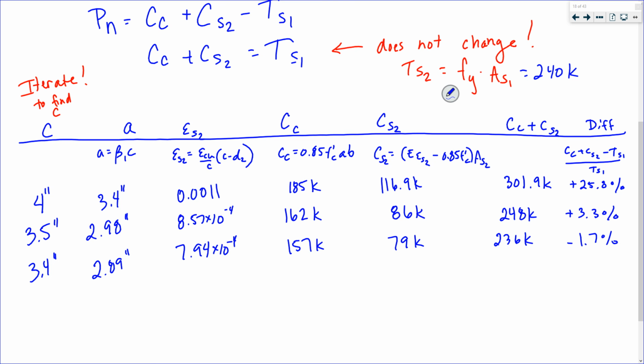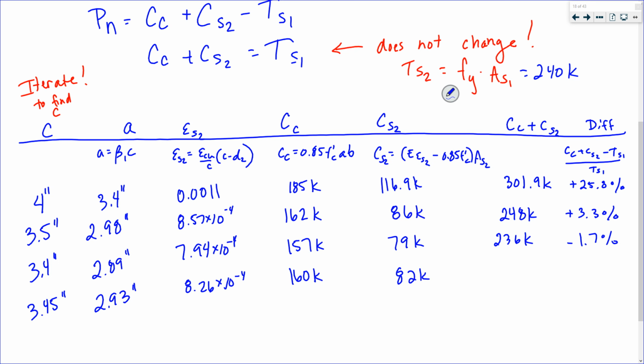Okay, so what if I choose in the middle? I should get an A of about 2.93, a strain of 8.26 times 10 to the minus 4th, 160 for C sub C, and 82 for C sub S2.